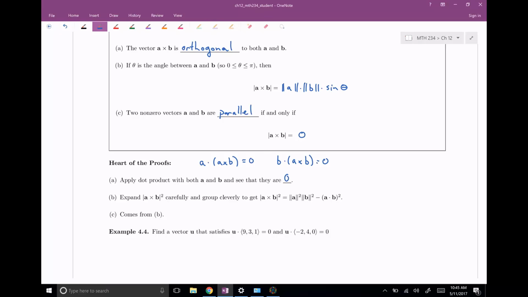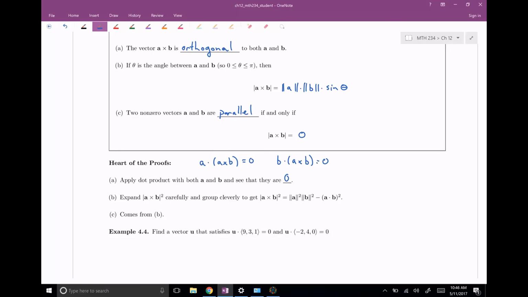Okay, the next one. For B, if you wanted to prove that the magnitude of the cross product is equal to the magnitude of A times the magnitude of B times the sine of the angle between them, the claim is if you group this cleverly, you can get this. The dot product has some cosines in it, and of course 1 minus cosine squared is going to be sine squared.